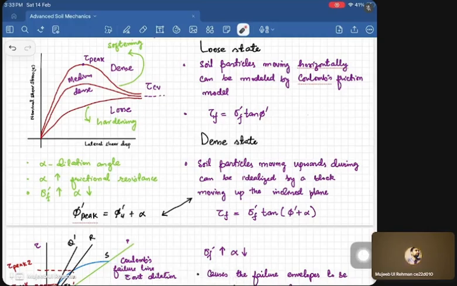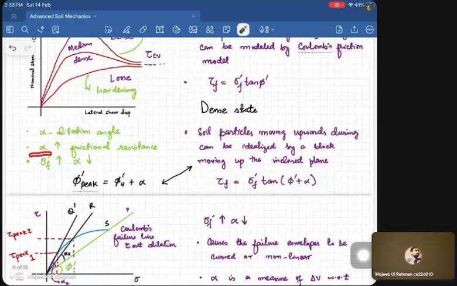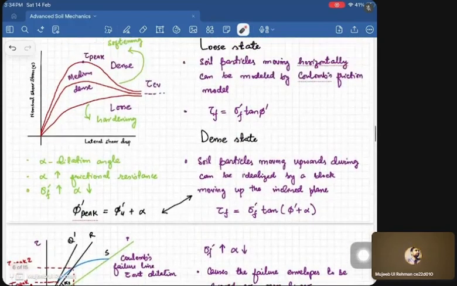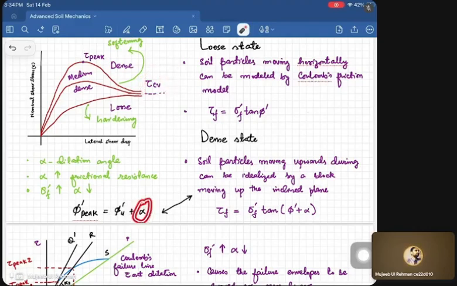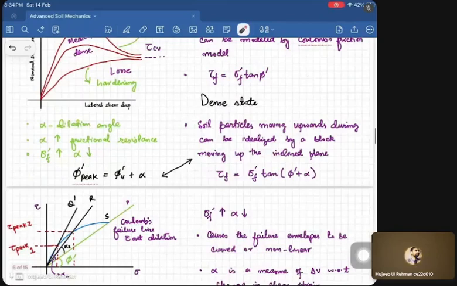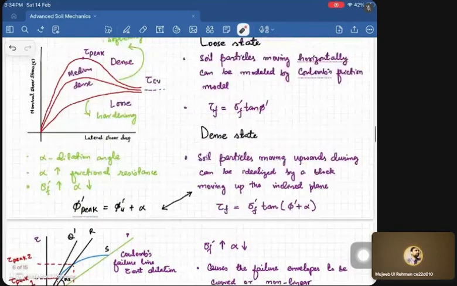As we increase this alpha, the frictional resistance will increase, and we can relate the friction angle corresponding to the peak with the friction angle corresponding to the ultimate, or critical state, and this dilation: phi peak is equal to phi u plus alpha. So we use this in soil mechanics for determining the peak friction angle, critical friction angle or the dilation angle.